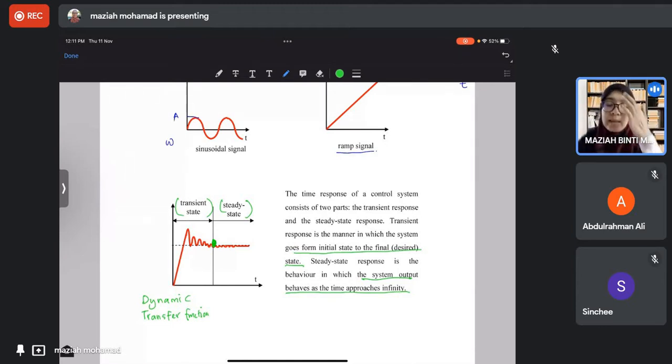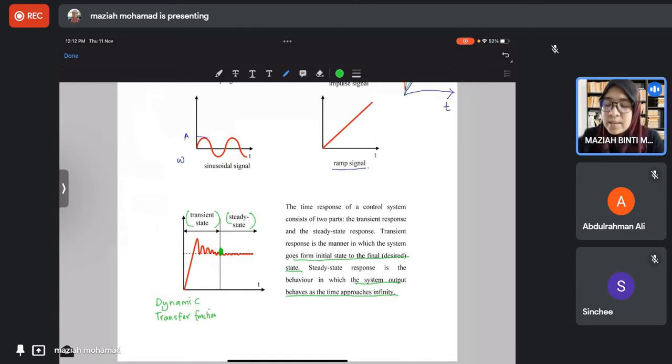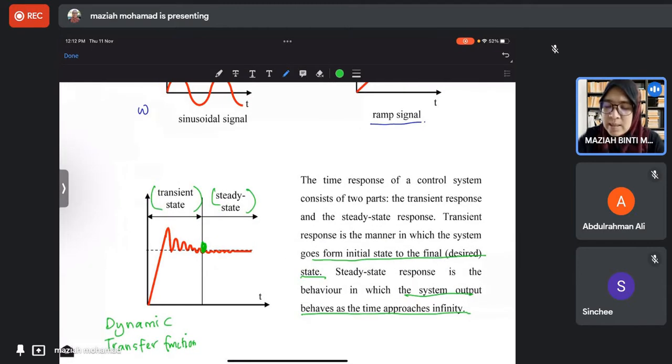And then for the steady state region, the name is what we call the static transfer function.